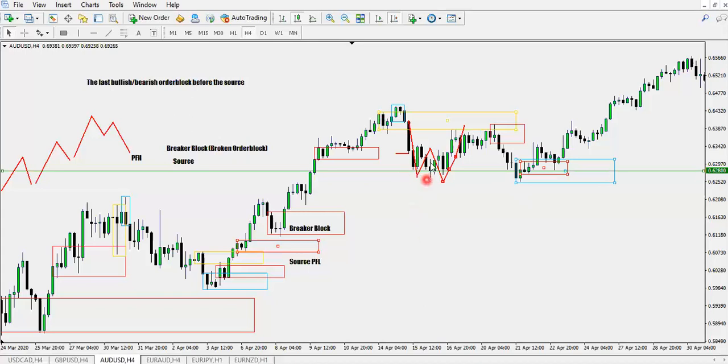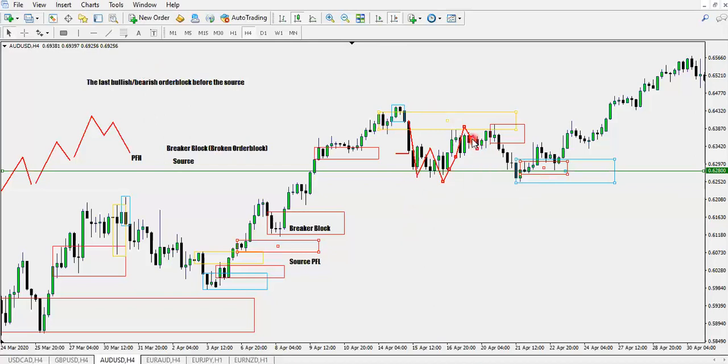When price came to this level, it started to compress and consolidate over here. And while it was consolidating, you noticed also how it rejected off of our breaker block, okay?